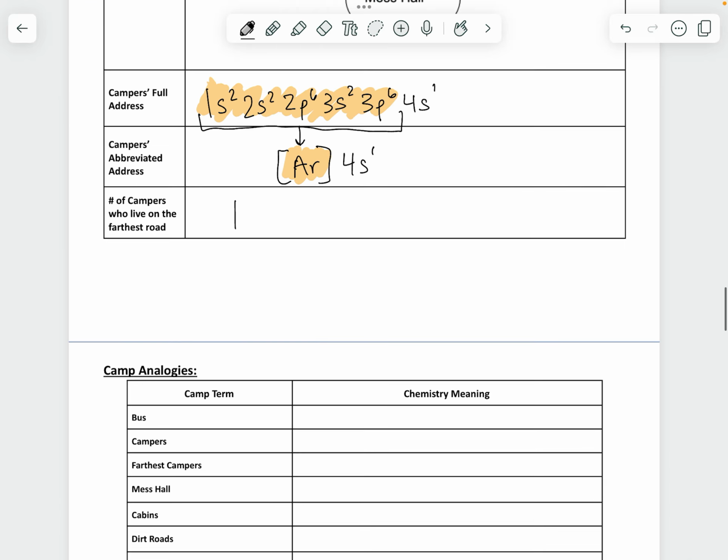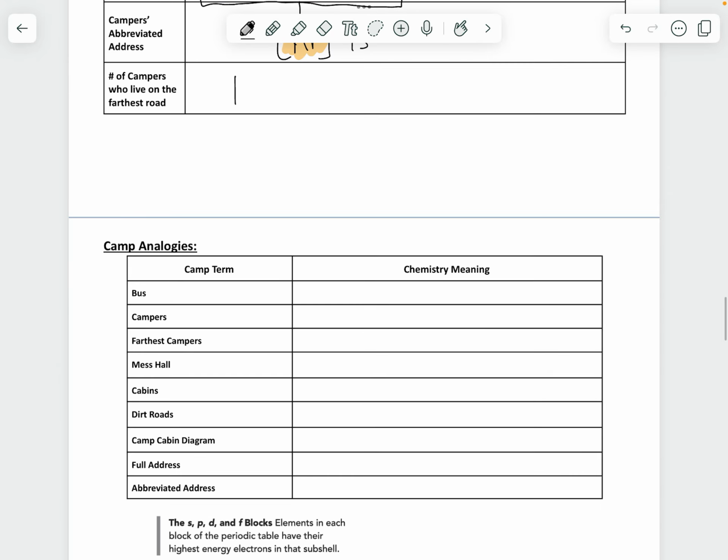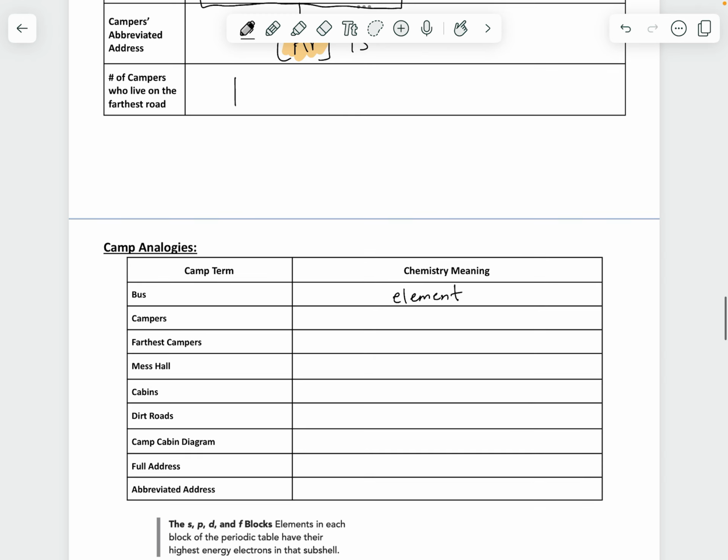Right? So what does this all mean? Well, in terms of the bus, you've probably guessed that it represents the element in which we're working with. The campers, initially, you want to say are the protons, because we're using the atomic number, and atomic number equals protons. But remember that atoms are neutral, which means that the number of protons is equal to the number of electrons.